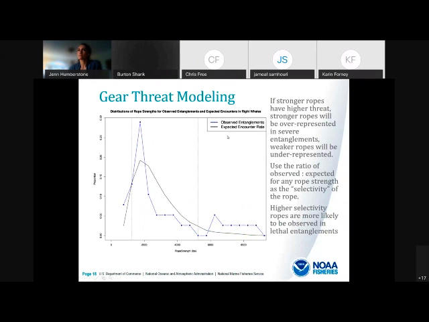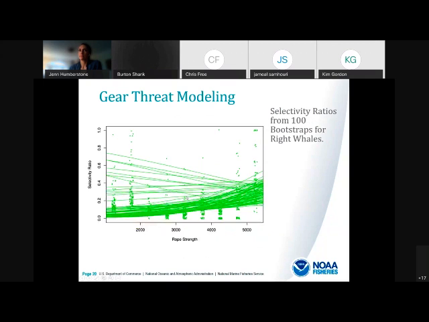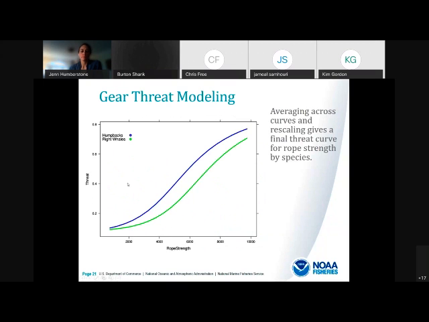And so then we can compare this expected encounter rate, which is the black line, to the blue observed encounter rate, which is our actual data, which again is a pretty sparse data set. But the expectation is that the heavier lines should be overrepresented, so above the black line, and the lighter lines should be underrepresented. And at that point, we can look at ratios of the observed to expected. We get different models for humpbacks and right whales. And that turns into threat models by the two species.